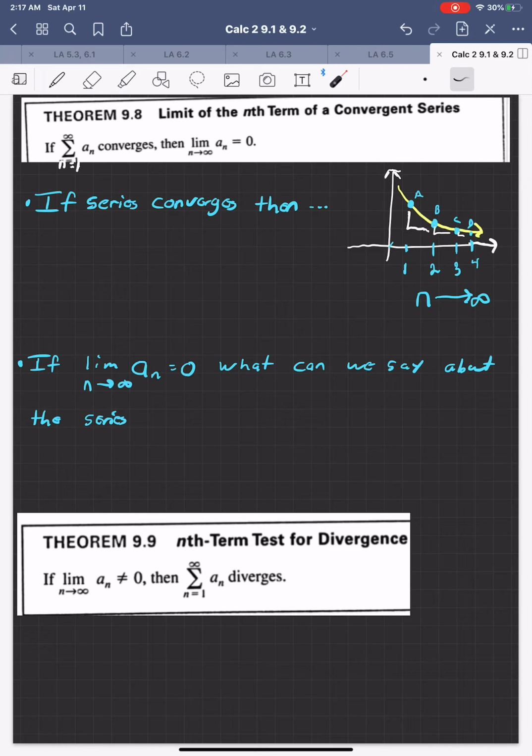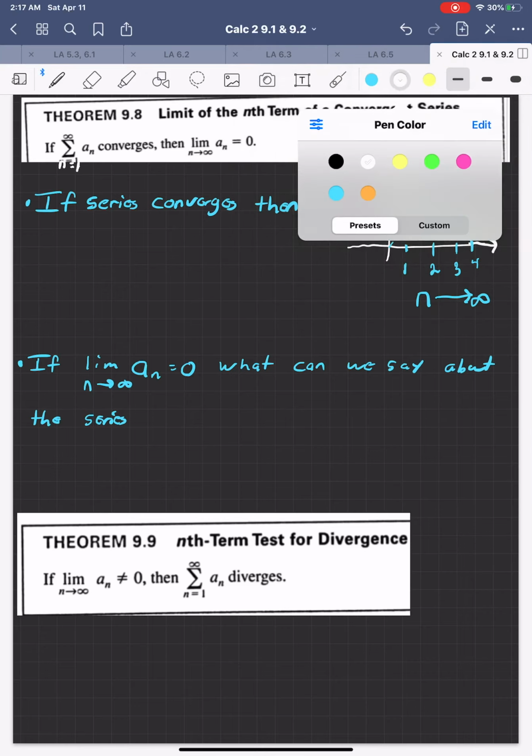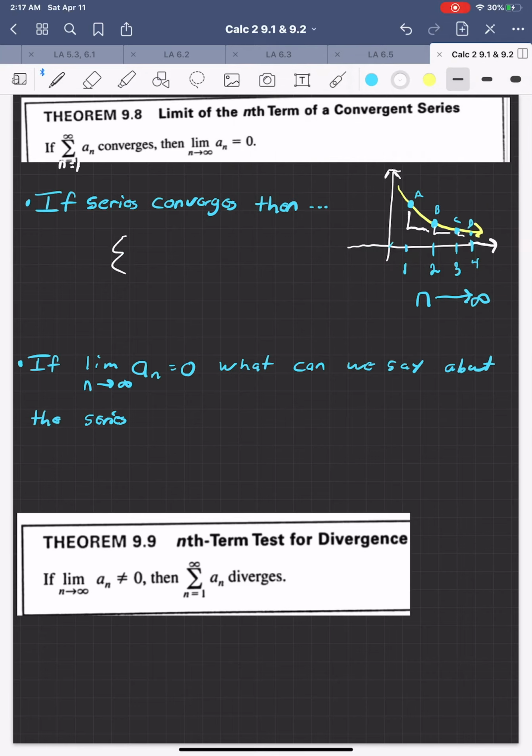And with that, you would think about it as you start to list a sub 1, a sub 2, a sub 3. These are terms of the sequence. And then you start to list your partial sums, s sub 1, s sub 2, s sub 3.